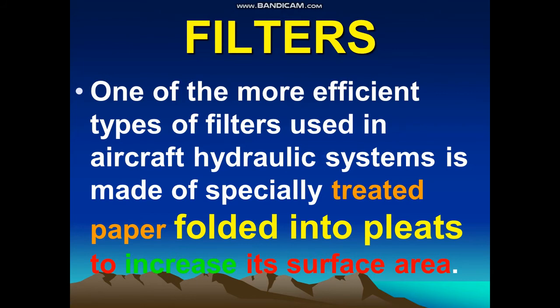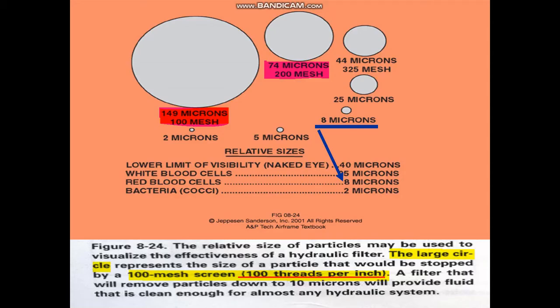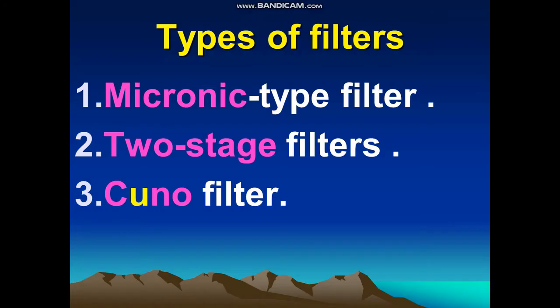One of the more efficient types of filters used in aircraft hydraulic systems is made of specially treated paper folded into pleats to increase its surface area. Types of filters: the first type, micronic type filter. The second type, two-stage filter. And the last type, cono filter.